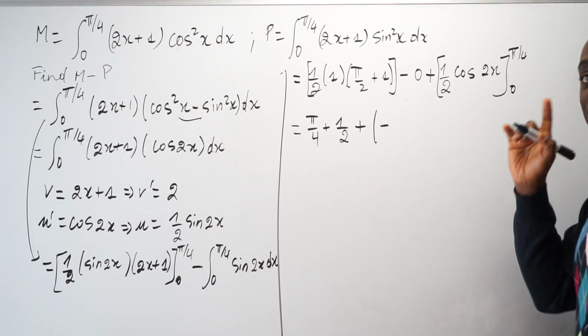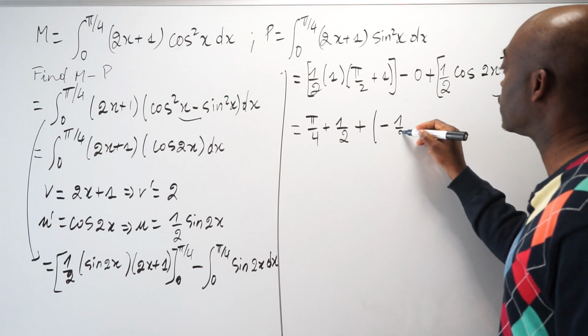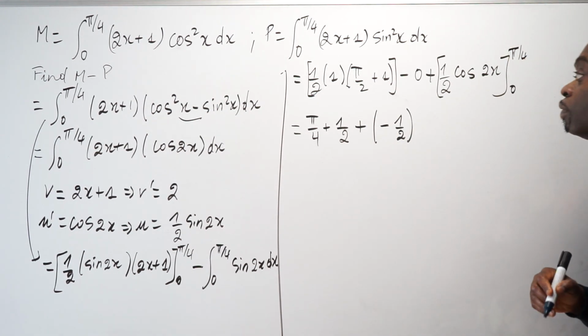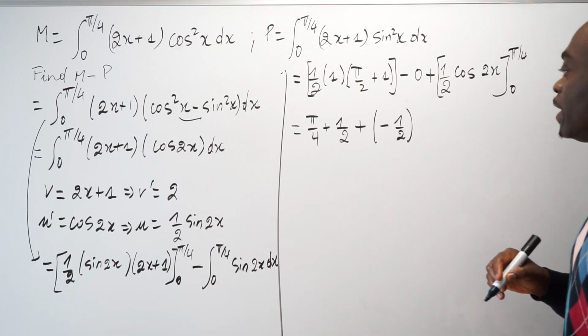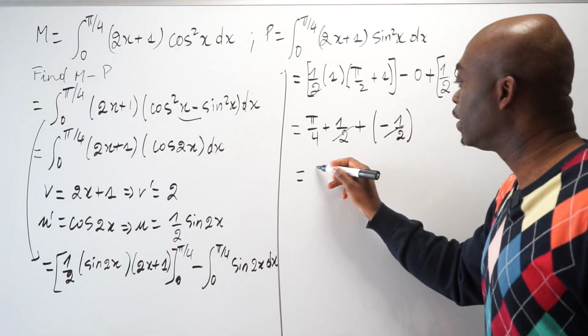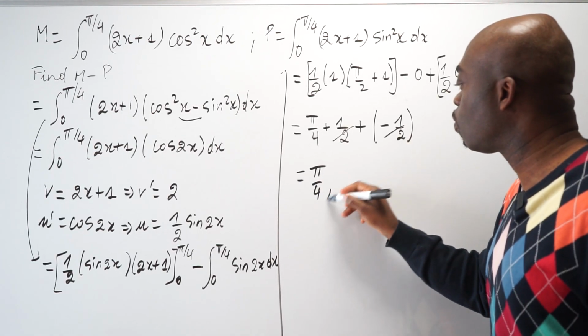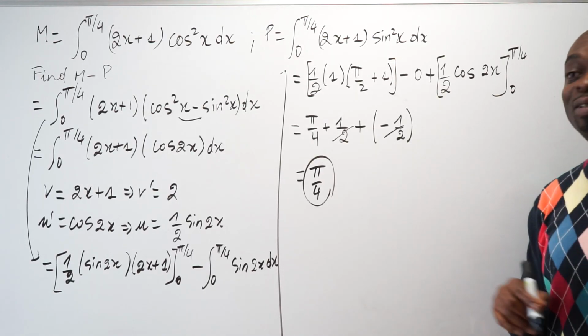Cosine 0 is positive 1, so that's minus half afterwards. So we have plus half minus half. These two cancel out, and you end up with pi over 4 at the end. And ladies and gentlemen, you are finished. You are done. Thank you.